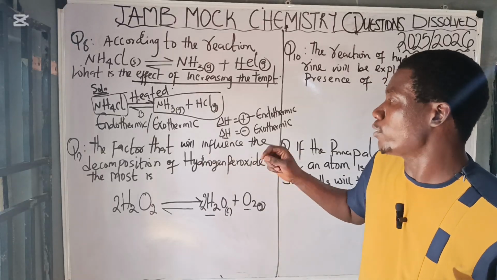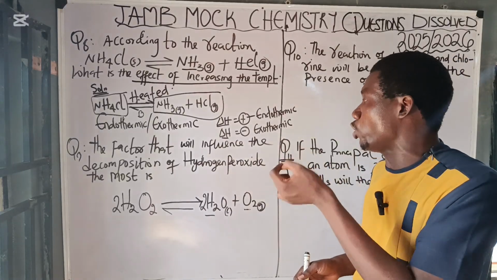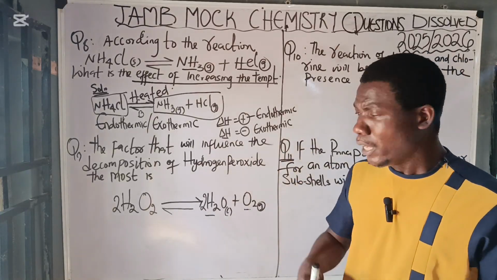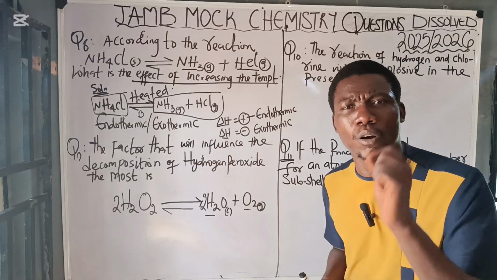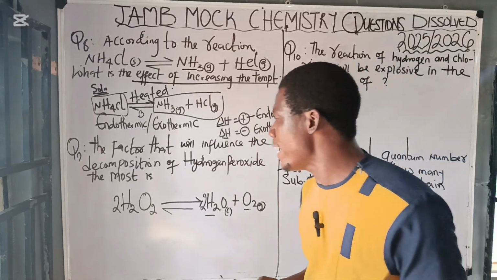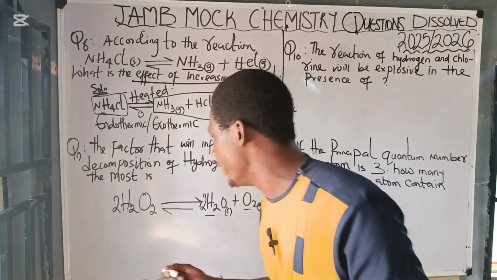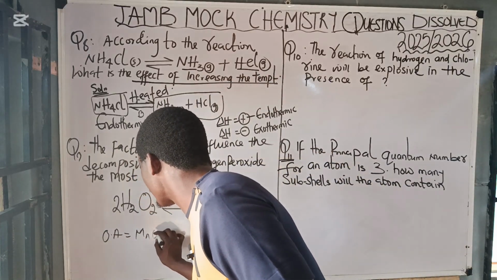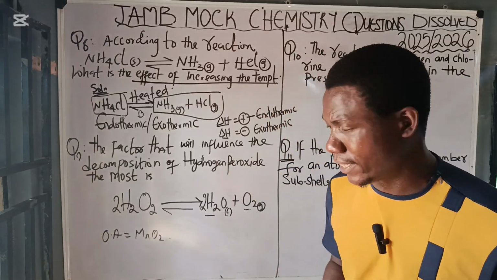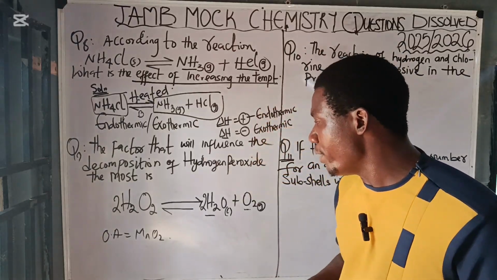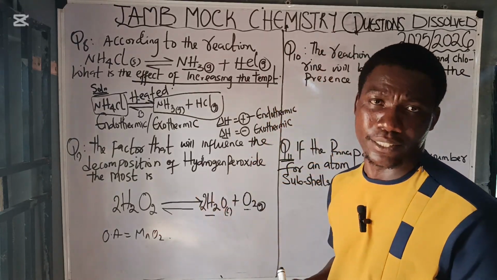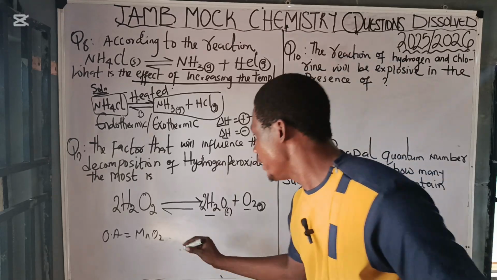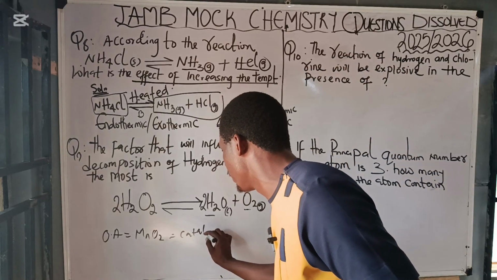Now look at this question carefully. The factor that will influence the decomposition of hydrogen peroxide the most is what? Hydrogen peroxide can be decomposed under the action of a strong oxidizing agent. You can use manganese(IV) oxide, which can be the catalyst for this reaction.